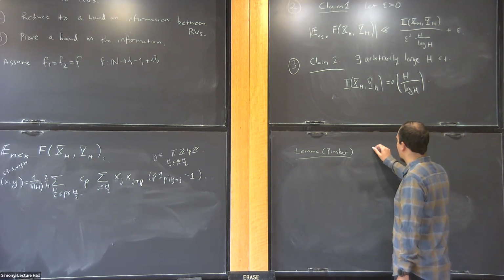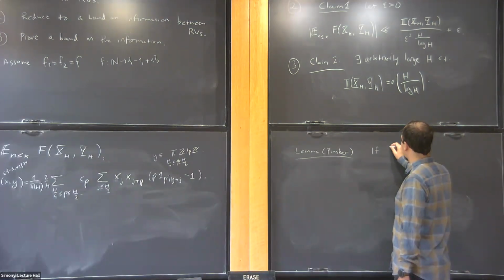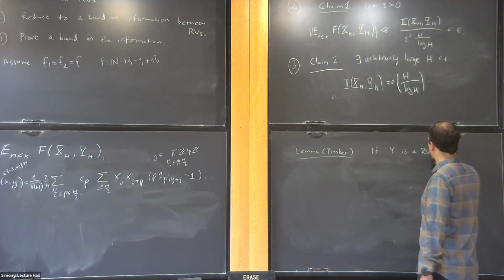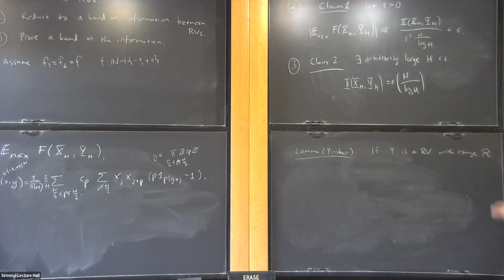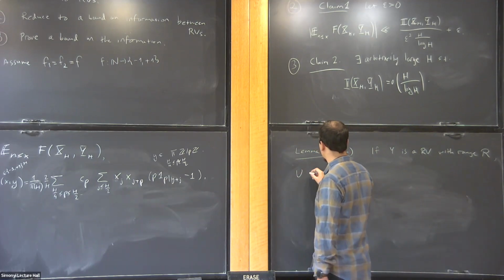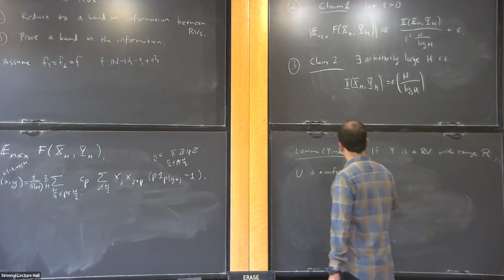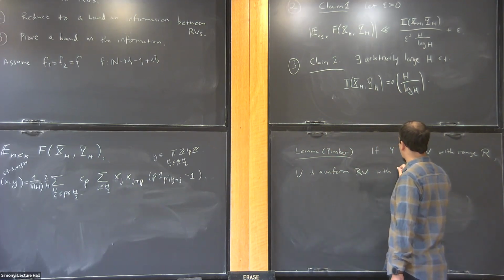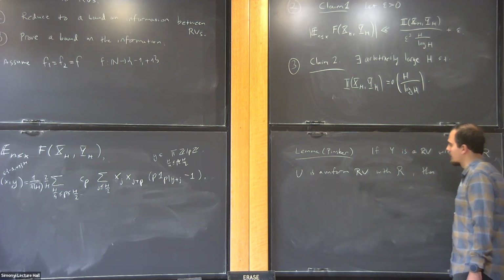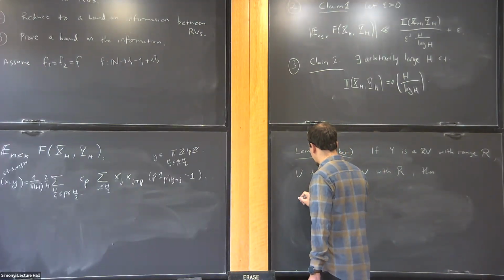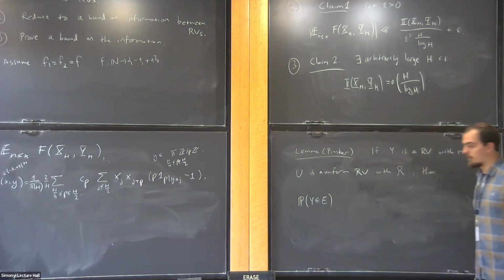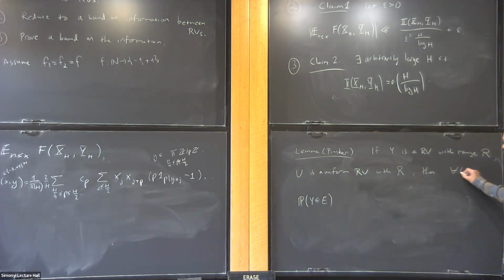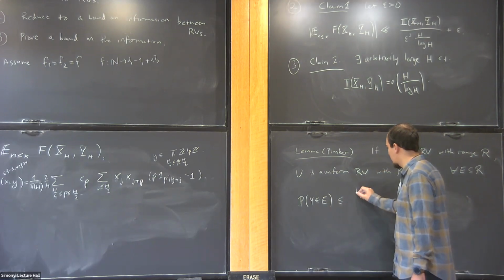But this states that if y is a random variable with some finite range R, and if U is a uniform random variable with the same range, then if you want to understand the probability of y belonging to a set, any set, you can bound it in terms of the entropies.